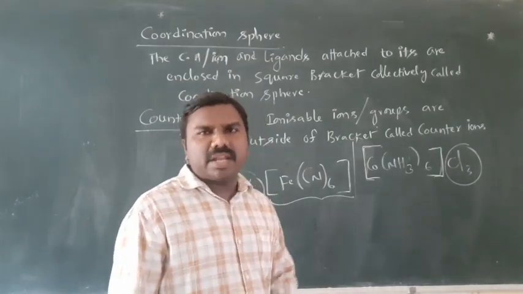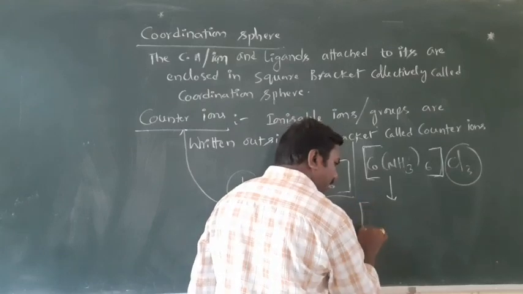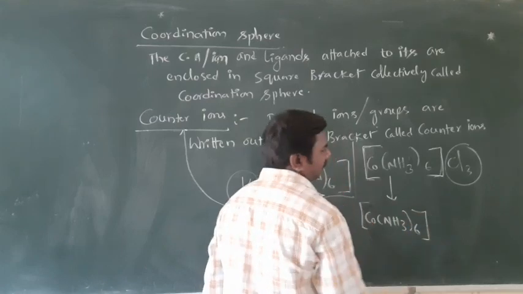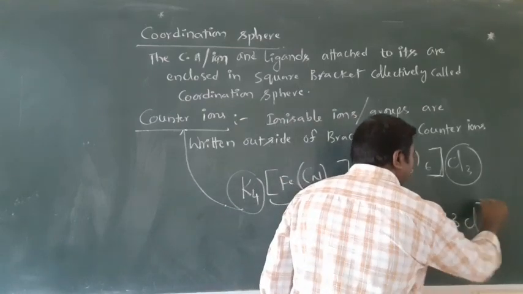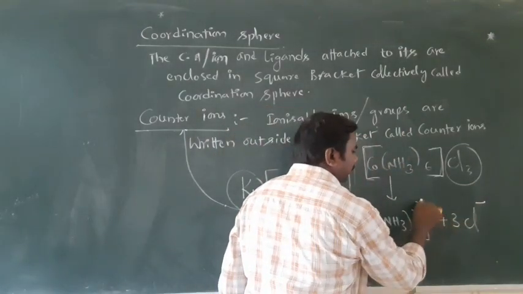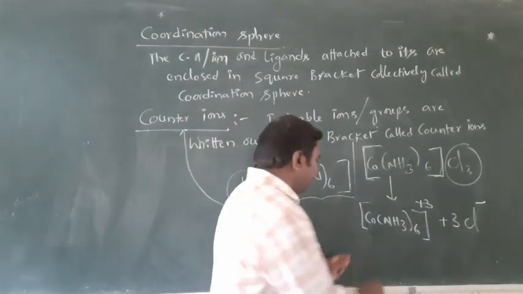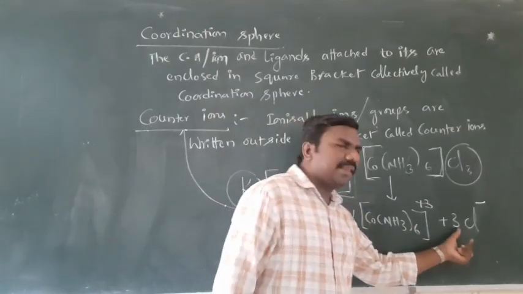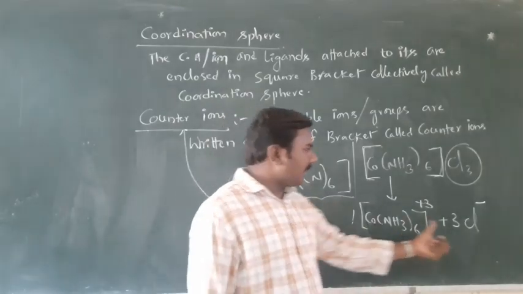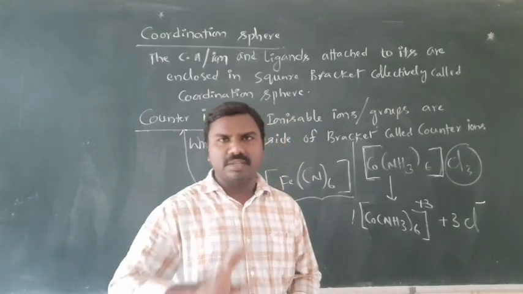On ionization, how many ions are possible? This is very, very important: the number of ions. [Co(NH3)6]3+ plus 3Cl- ions. The plus 3 must be neutralized by minus 3. This is only one complex ion, here 3 counterions. One complex ion and 3 counterions, 1 plus 3, so the total number of ions is 4, but not 3.